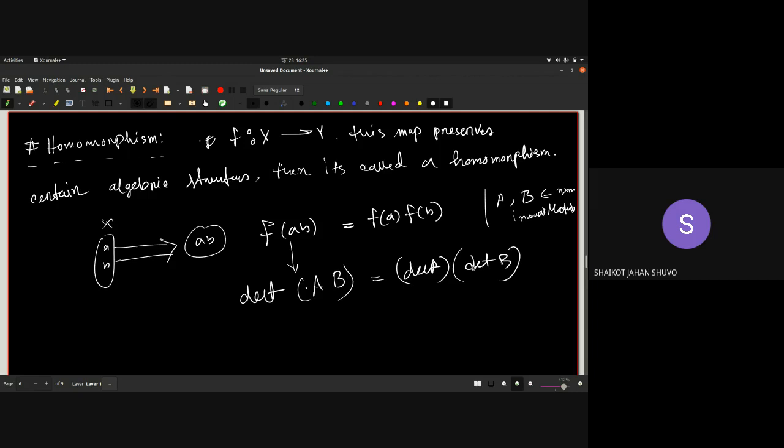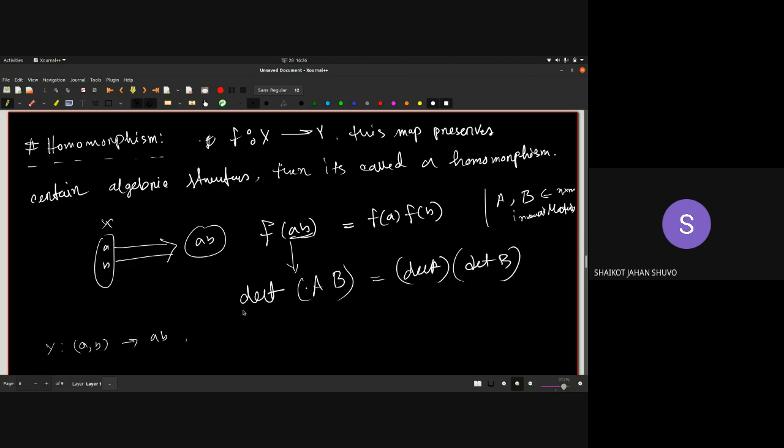If under such mapping you see that the structure doesn't change, then it's called a homomorphism. And you may ask, okay, how is this structure related with this product? Let me give you a rationale over here. On your set x you define some sort of a product like this, right?